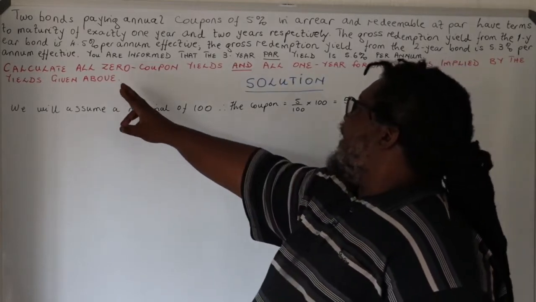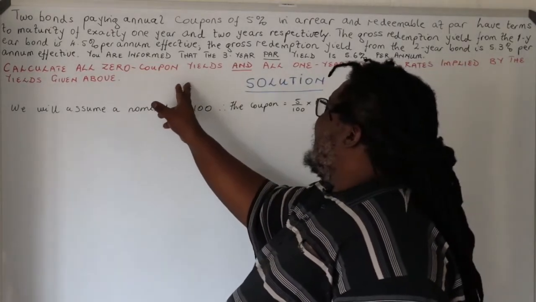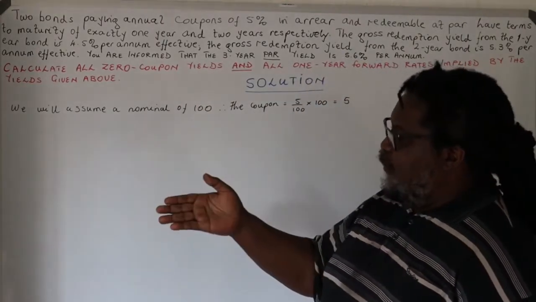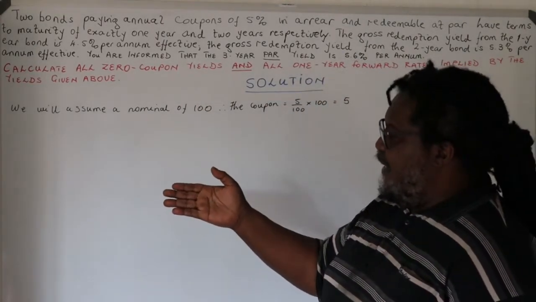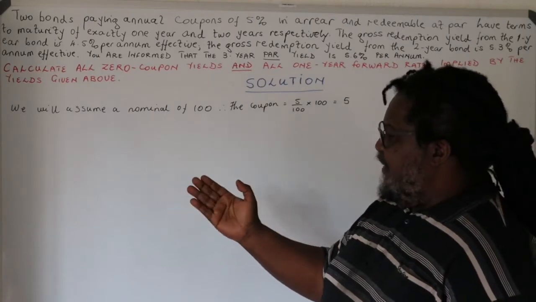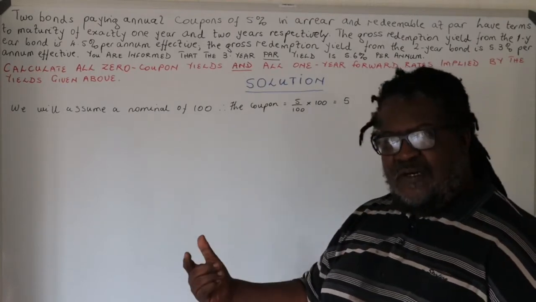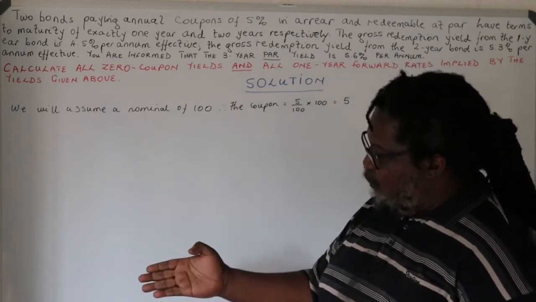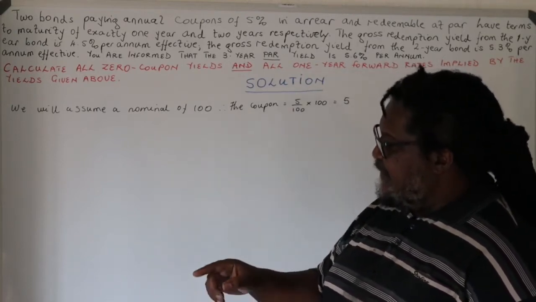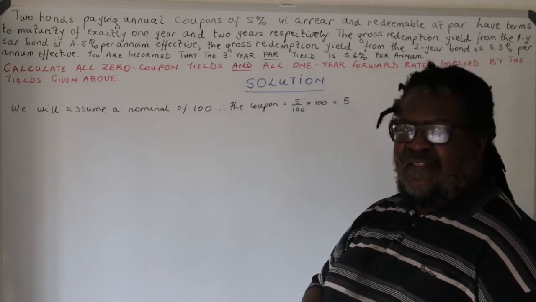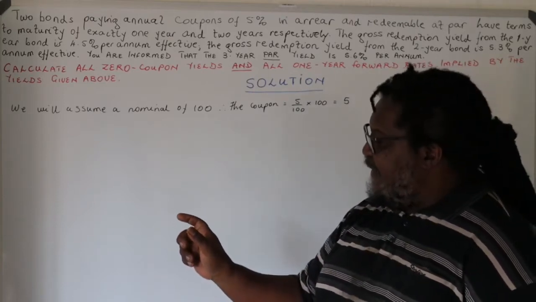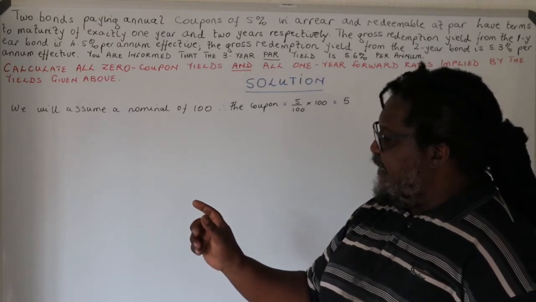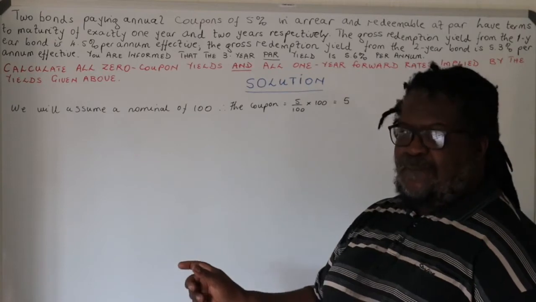But when you are assuming zero coupon yields, you are saying to yourself, any cash flow that comes at the end of any particular period, you treat it as a zero coupon bond. In other words, you discount that cash flow at the spot rate for that period.